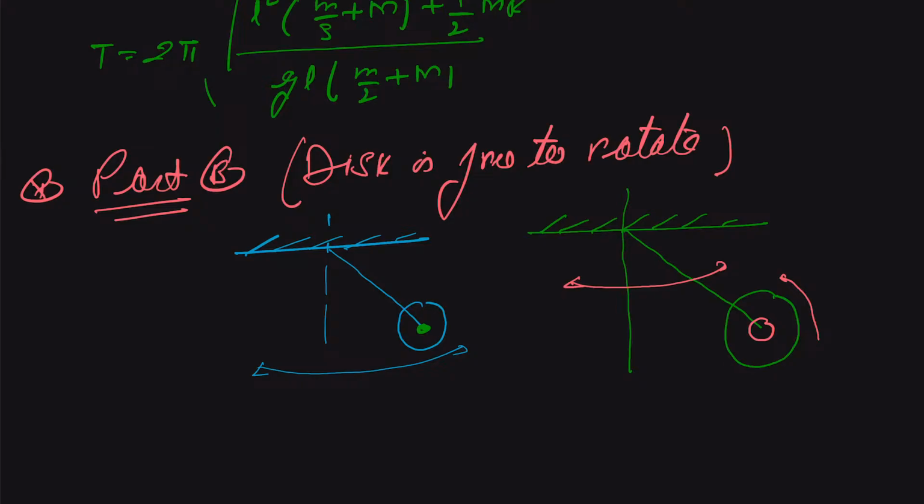Or we can say that the disk does not rotate with the rod. It only translates with the lower end of the rod. So this disk is going to have a translatory motion, and therefore we can assume that this disk is going to behave just like a point object at a distance L from the pivot point. And if it behaves like a point object, it is not going to contribute to the moment of inertia. So this is the major difference between the two.